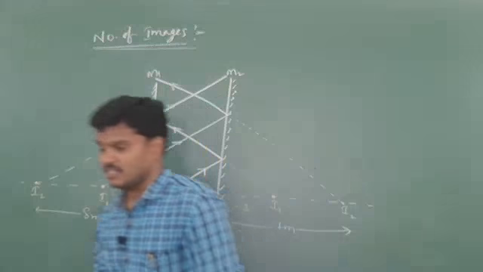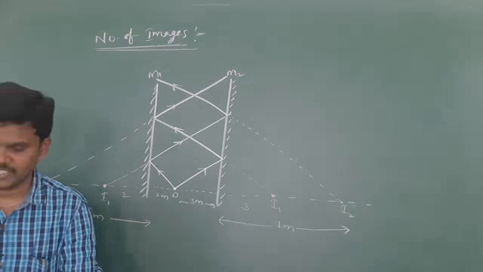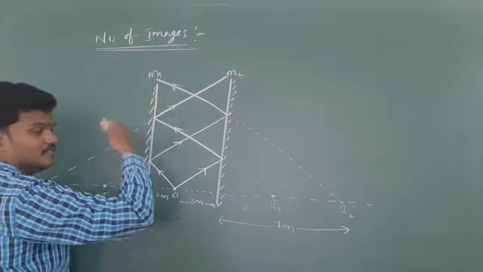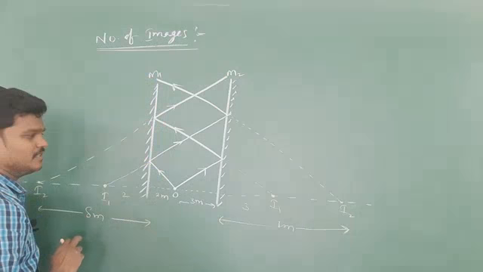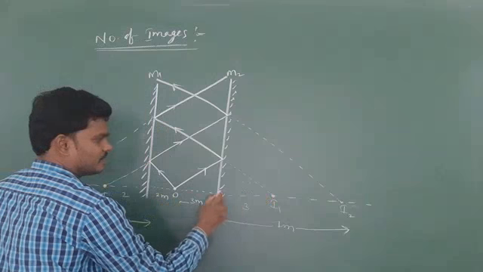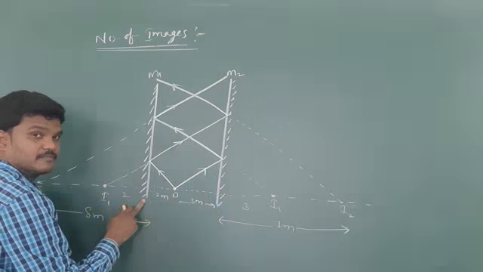Is the board visible clearly? Left side, I don't know, I want to check it. Yeah, it's clear. So the distance between second order images is how much now? 20 meter. We can draw third, fourth. See, this one is the real image for the first mirror, and it behaves like a virtual object for this mirror.